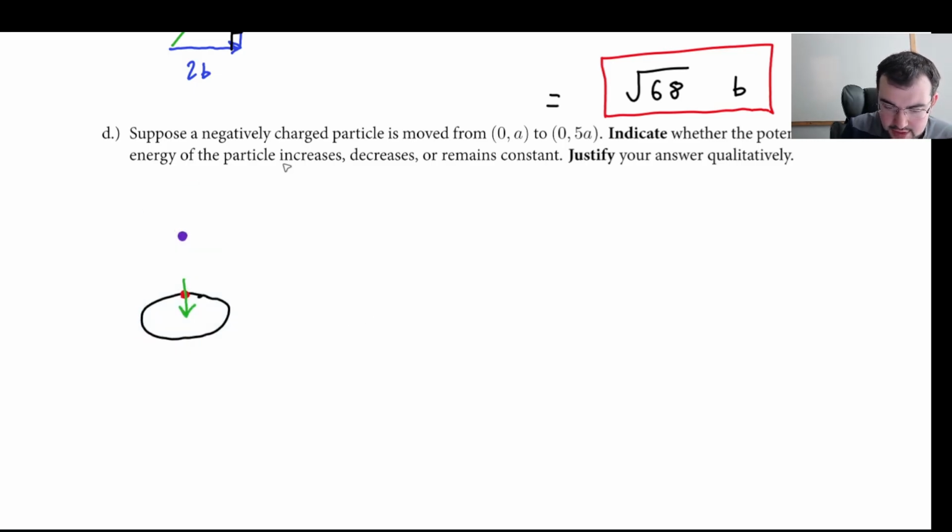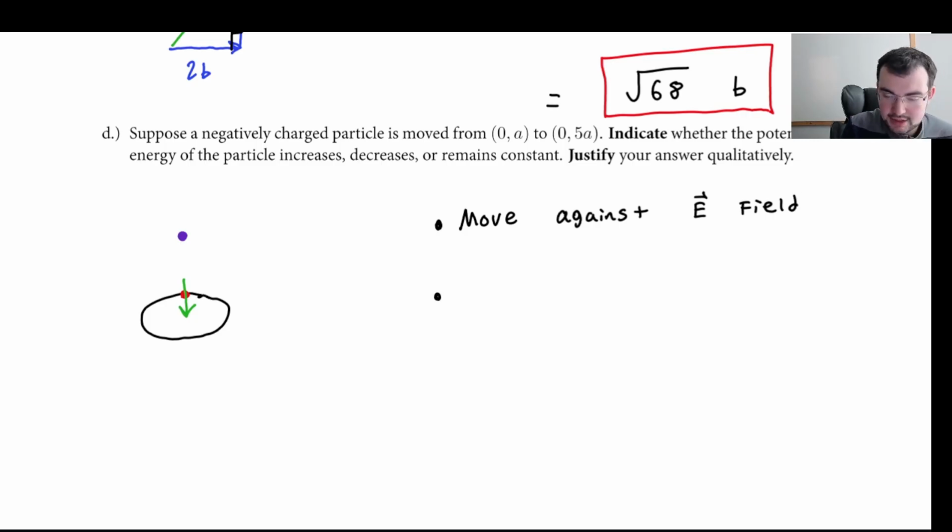And I shouldn't say this. I should say the particle-field system. I don't know how that made it through. But again, we can just say that we're going to move against the E field.